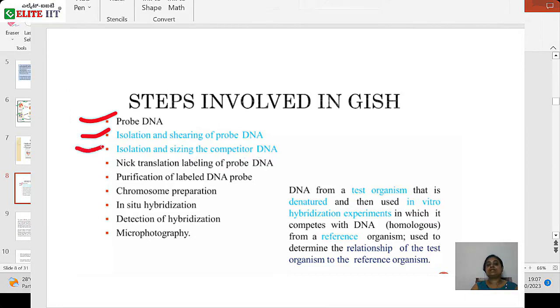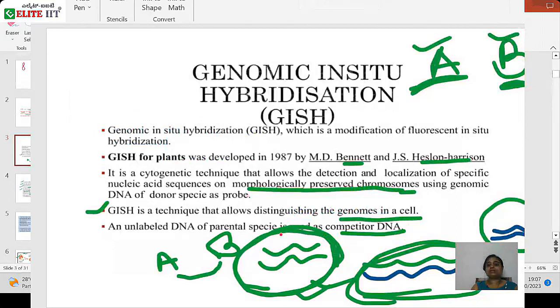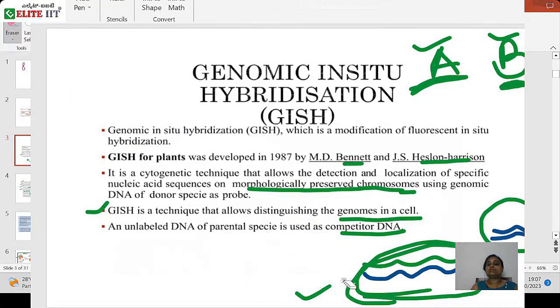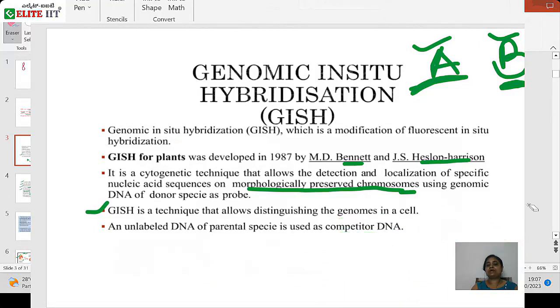What I told you during the discussion of the definition is that in this process not only the probe is used, simultaneously you have to use one competitor DNA, and that is not a probe. That means fluorescent label is not attached to it. Here it is written: an unlabeled DNA of parental species is used as competitor DNA. So this is the new thing happening in the GISH method.